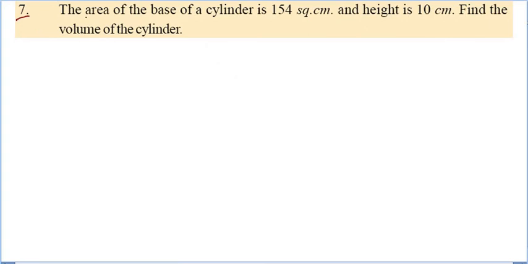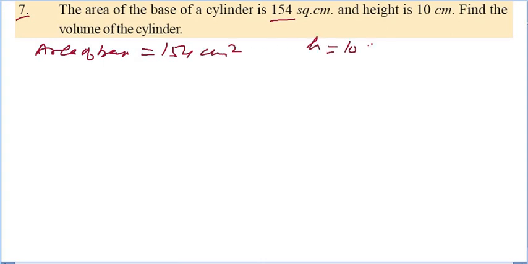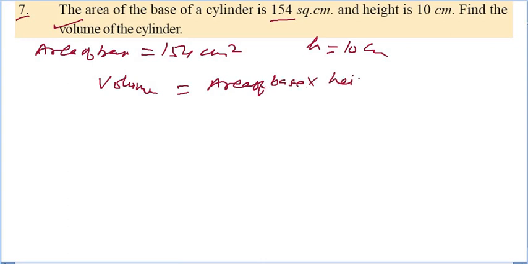Now come to the seventh question. The area of the base of the cylinder is given as 154 centimeter square and the height is given as 10 centimeters. Find its volume. So volume is equal to area of base into height.